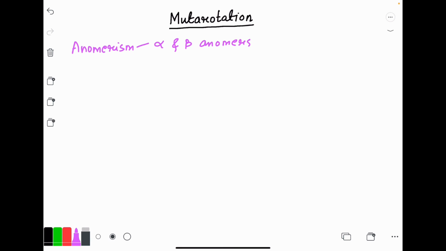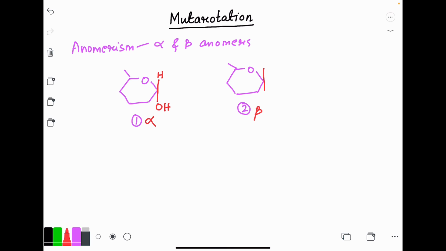For example, suppose this is the glucose ring. This is 1, this is 2. If this is alpha, consider that here is the hydrogen and here is the OH. In the second case, in beta, the OH will remain at the top and the H below. So this is basically anomerism.